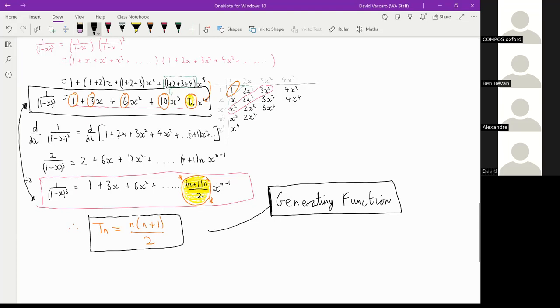If there's time at the end, I will do another example of generating functions. Are people happy for me to continue?